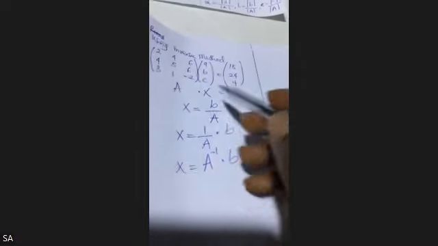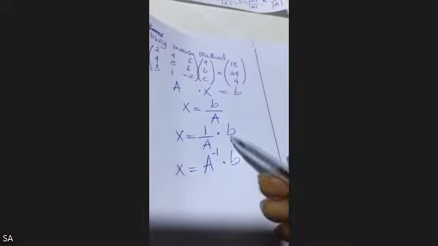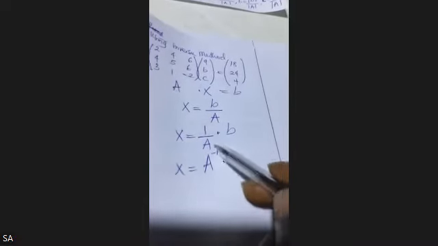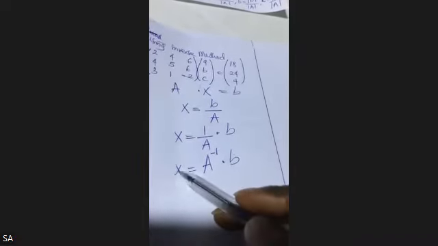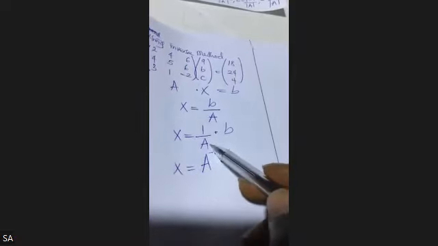Just put it like this: this is A, this is X, equals B. If I'm looking for X using the inverse method, I will say B over A, which is A inverse B. Before you can get X, you must first obtain the inverse. And to obtain the inverse, I've given us the principles. So now let's start.